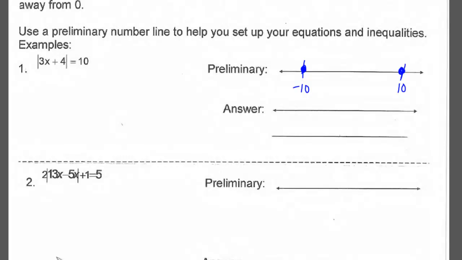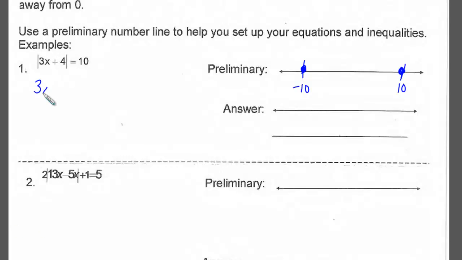Because 3x plus 4 can either equal 10 or negative 10, I have to set up two equations. So anytime we have an absolute value and an equal sign, we have to set up two equations.